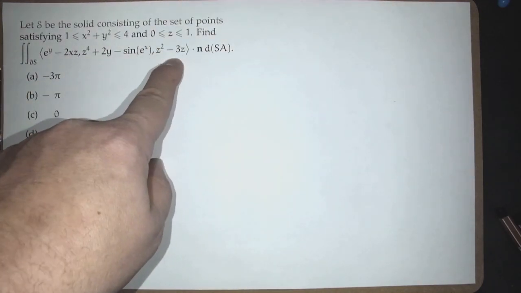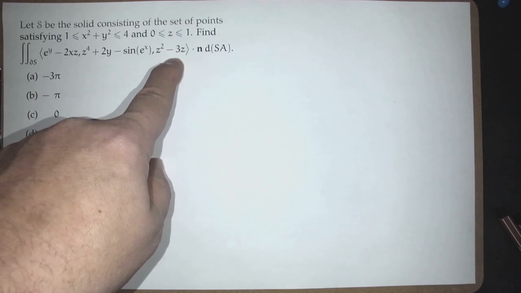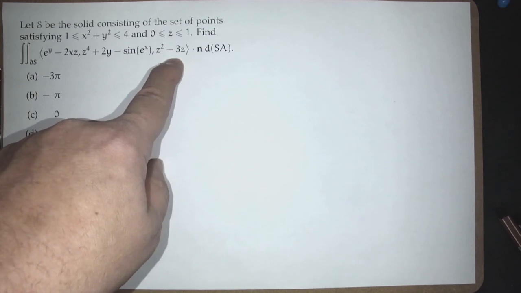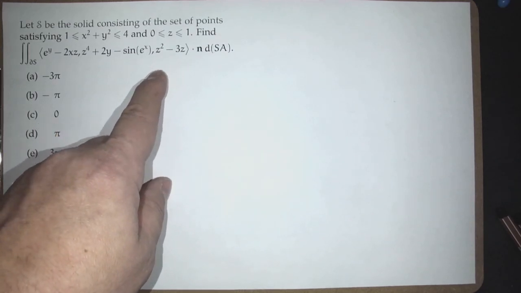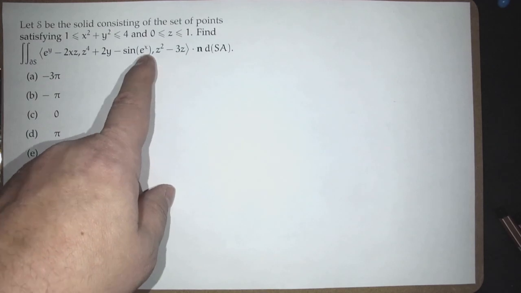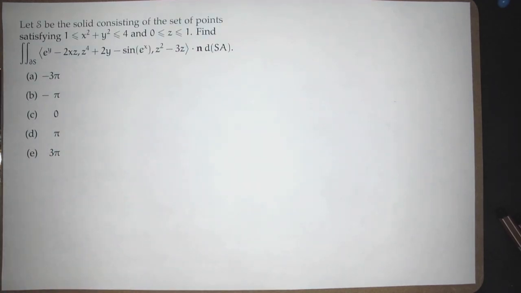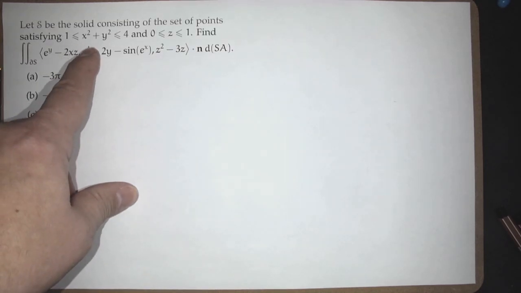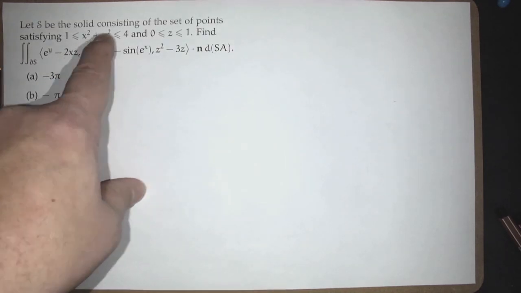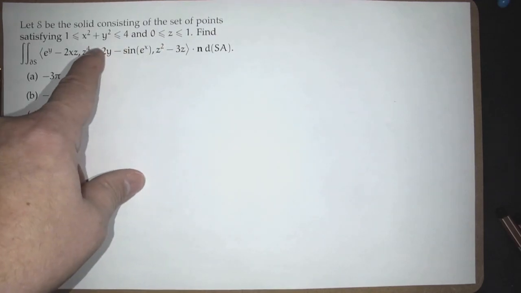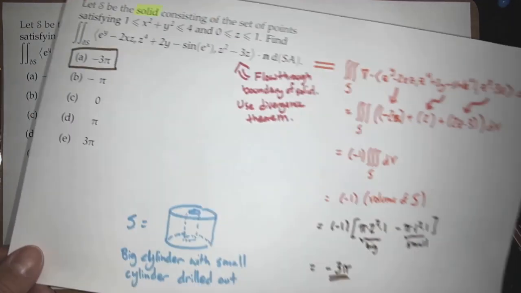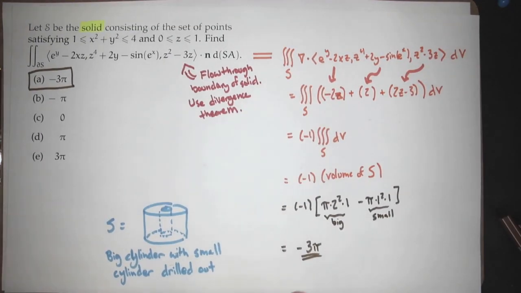The 2z's cancel. 2 minus 3 is negative 1. So this integral is going to become what? Negative 1 times the volume. What's the shape? Do you recognize it? It's a cylinder with a hole down the middle. So you end up with negative 1. The volume is 3 pi. It's negative 3 pi. It can be that quick.